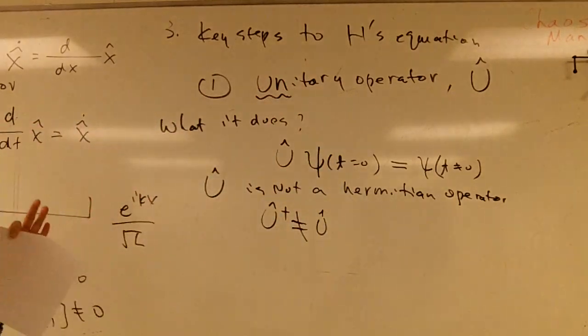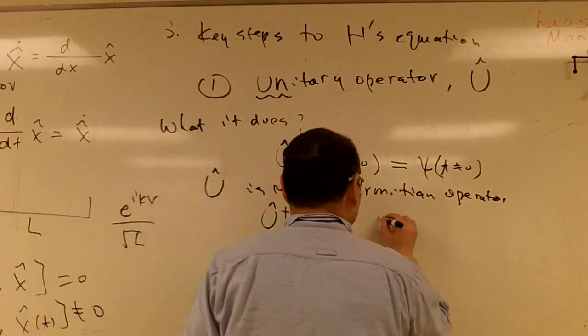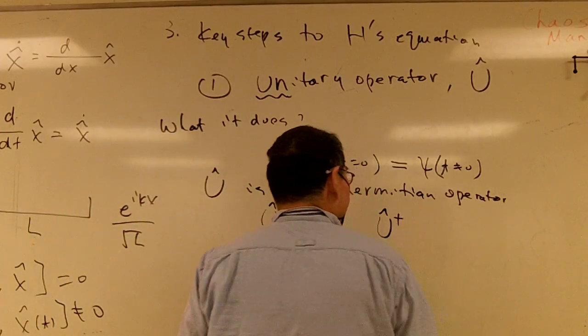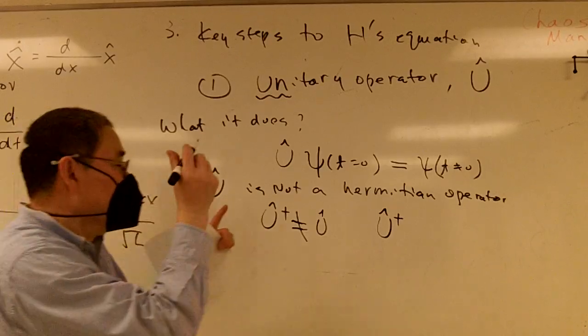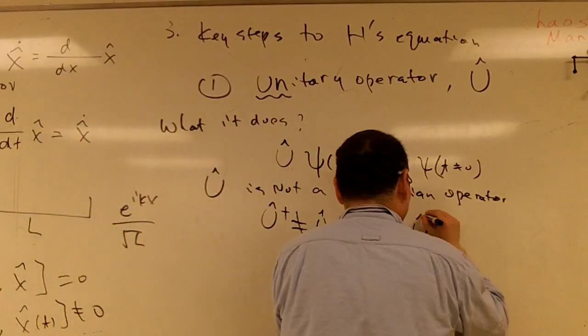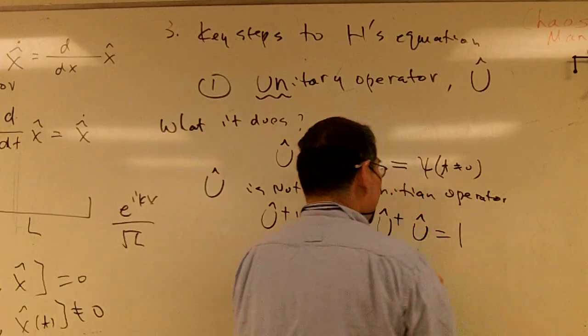What the unitary really means is the following: U dagger, the Hermitian conjugate, multiplied by U hat itself equals 1.